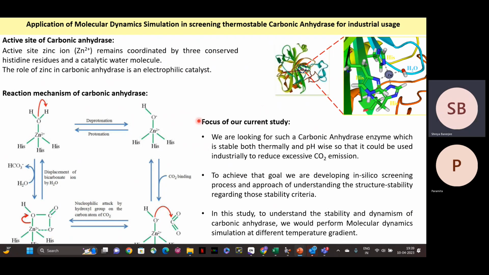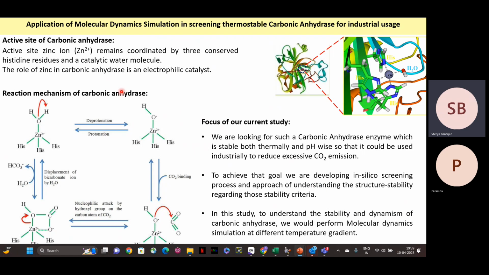So the focus of the current study is to look for a carbonic anhydrase enzyme which is stable thermally and with pH, so that it can be used industrially to reduce the excessive CO2 emission. To achieve that goal, an in silico screening process is required to understand the structure stability.